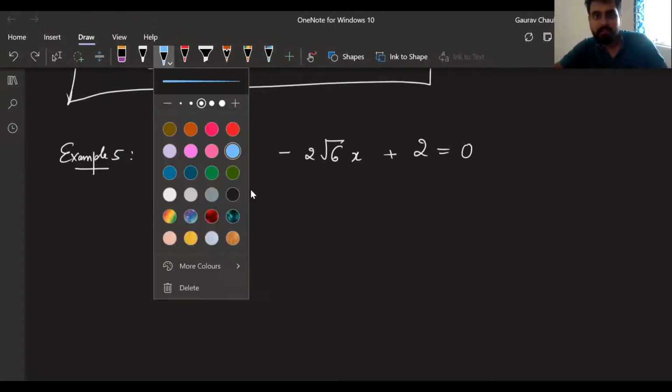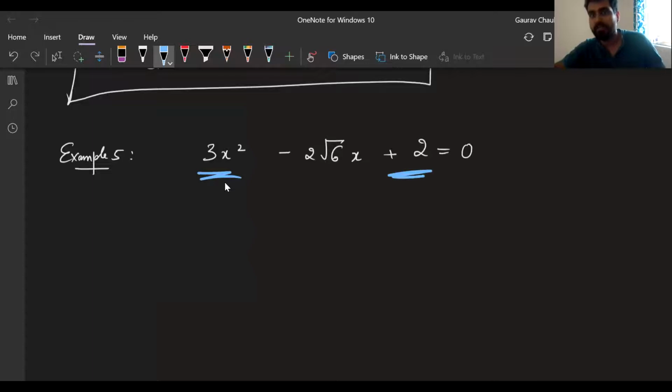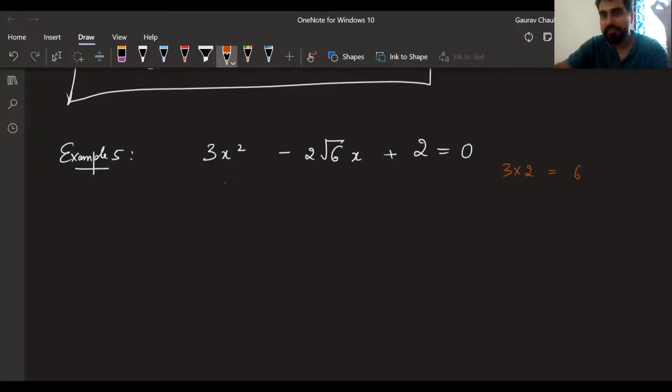Basically, this into this is the 3 into plus 2. That I have to do anyhow. The process is the same. So I'm thinking 3 into 2, both are plus, that's equal to 6. So I have to find two such things that if I multiply them, I get 6.